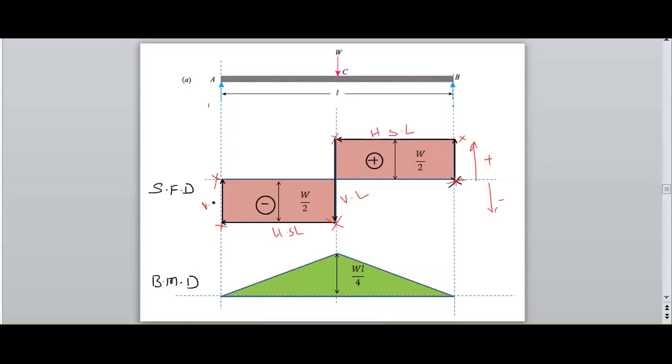Next again a vertical line. So joining all this, we'll get the shear force diagram. The fundamental is that wherever there are vertical forces, vertical lines will exist.